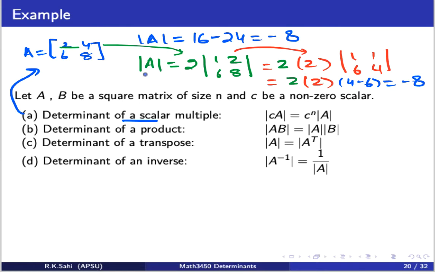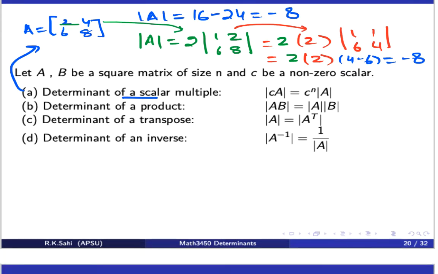So we could have seen, oh, this 2 is common throughout the whole matrix. I could have taken the 2 squared out and written it down. It doesn't matter, guys. These properties help us a lot. So let's use these properties to find answers here.